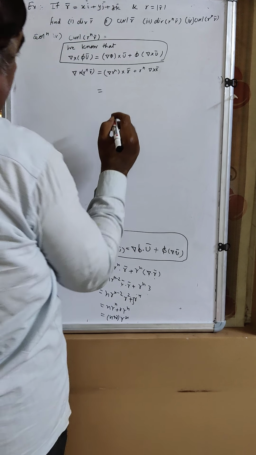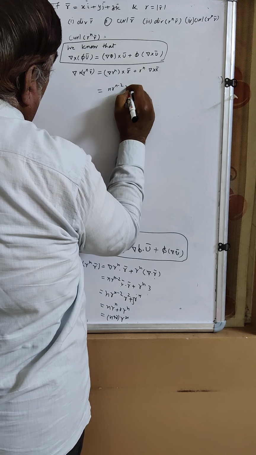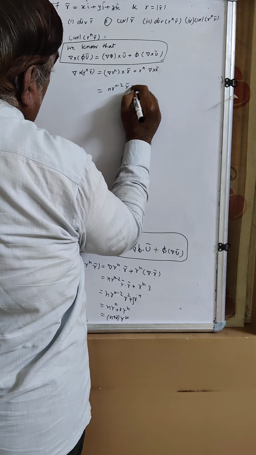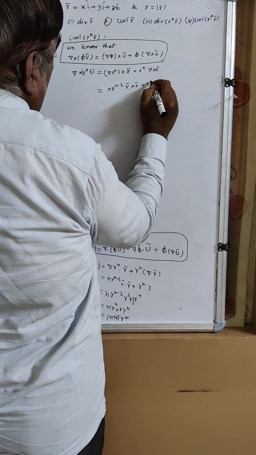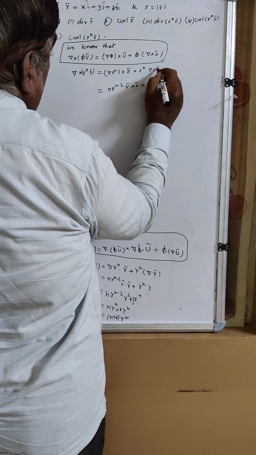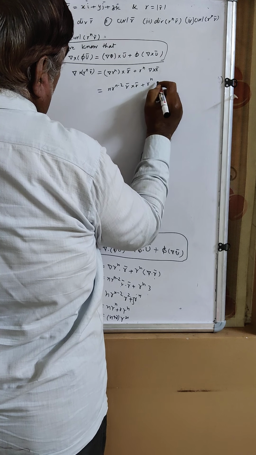By the previous result, del r raised to n, that is n r raised to n minus 2 r vector, cross r vector, plus r raised to n, and by the previous result from result 2, del cross r vector is 0.